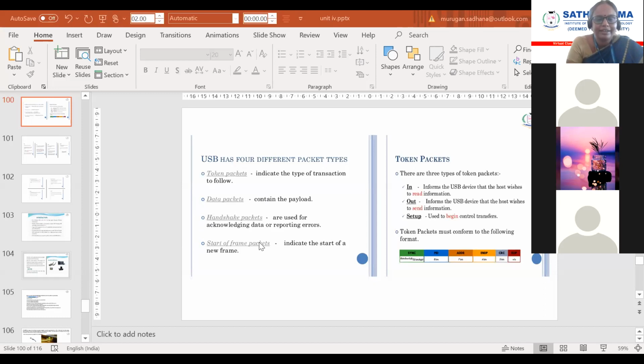Token packets indicate the type of transmission. Data packets contain the data. Handshake is nothing but an acknowledgement. Whenever I ask attendance, you say yes, that is handshake. You are responding to my question. Whenever it receives any data, it sends an acknowledgement. That is the handshake signal. Then the start of frame packet. Are you clear, ma? Okay.